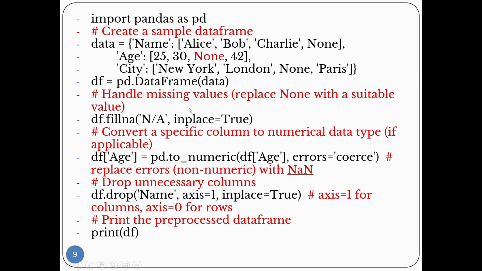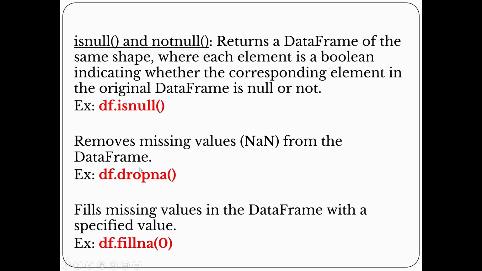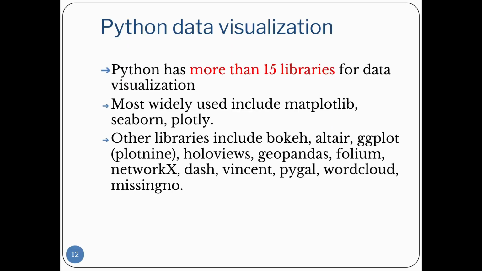Other libraries are statsmodels, feature-engine, dask, missingno, OpenRefine, etc. You will study how to create a data frame and so on. These are some of the functions in the data frame. I am going to give you a practical example.